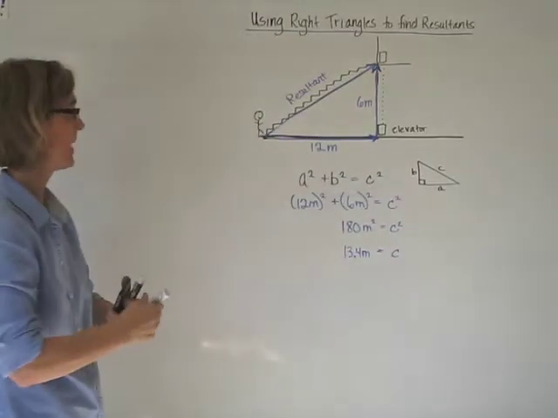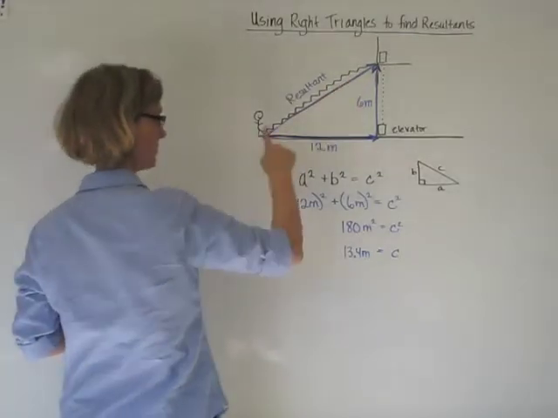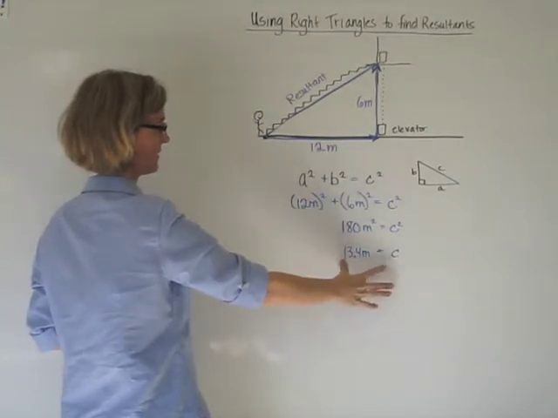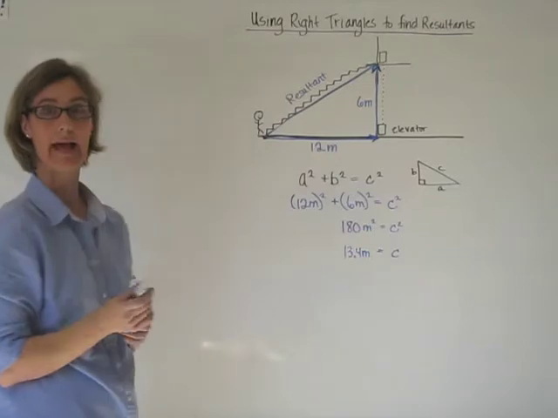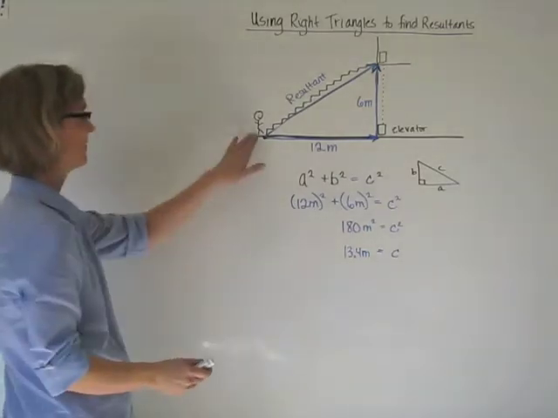So the magnitude of the physics person's displacement, the length of this resultant, is 13.4 meters. But a displacement has a direction as well as a magnitude, so we need to know the angle of this vector.